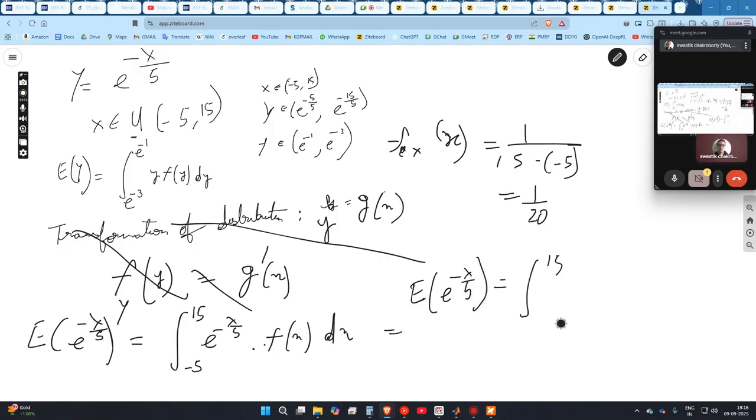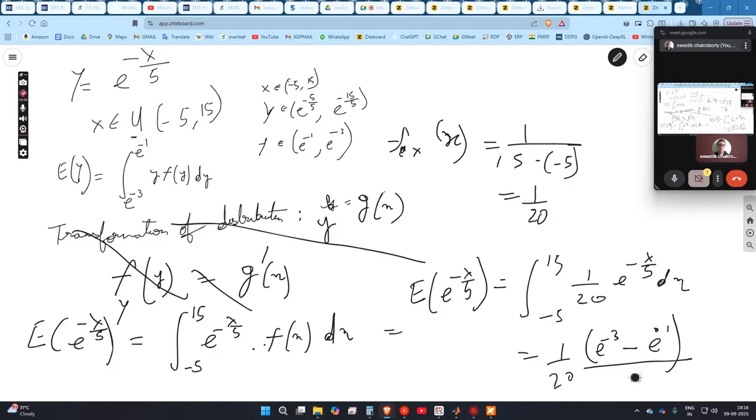So if f(x) is 1 by 20, then the expectation of e to the power minus x by 5 is the integral from minus 5 to 15 of 1 by 20 e to the power minus x by 5. So that is 1 by 20 times e to the power minus 3 minus e to the power minus 1, sorry, divided by minus 1 by 5. So it is ultimately 1/4 of (e minus e to the power minus 3).